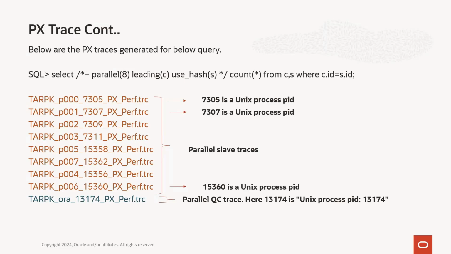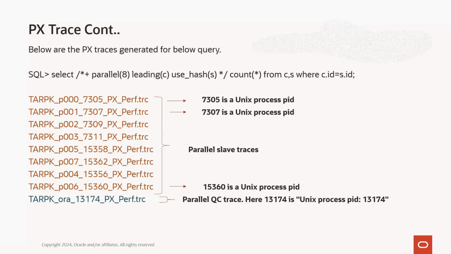The session which has triggered the query acts as the query coordinator. The numbers in these trace names are nothing but the Unix process ID. For each slave trace name, we can see a different Unix process ID, and based on that the slave traces are generated.